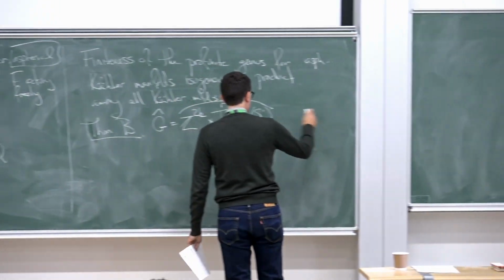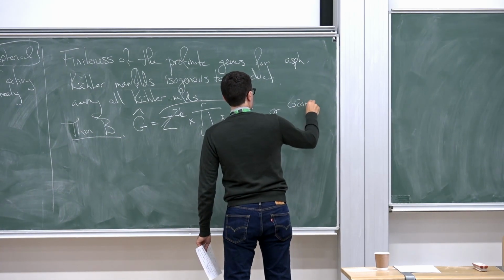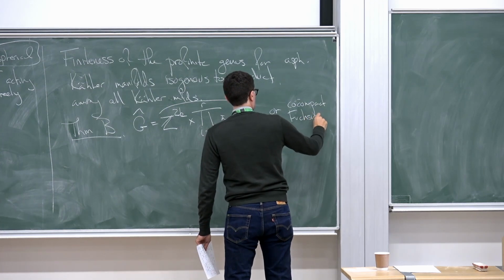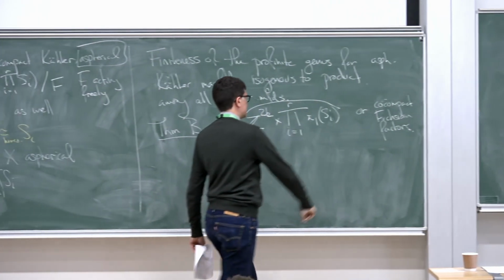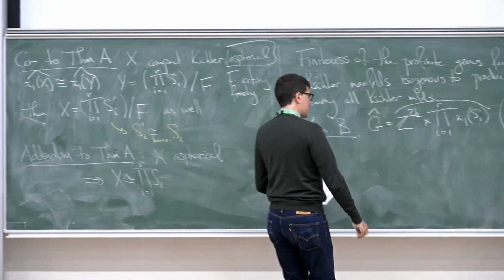And in fact, co-compact Fuchsian groups could be thrown in as well. I'm just trying to not make this too complicated.